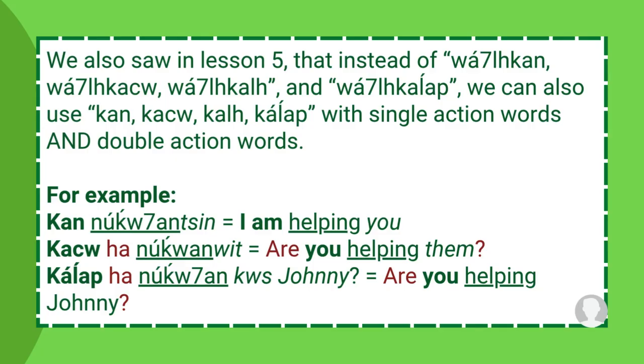And we also saw in lesson 5 that instead of wash can, wash cow, wash cash, and wash clap, we can also use can, cow, cash, clap with single action words and double action words. So for example, can nukwan chin, I am helping you. Kauha nukwan wheat, are you helping them? Clap ha nukwan kush Johnny, are you helping Johnny?